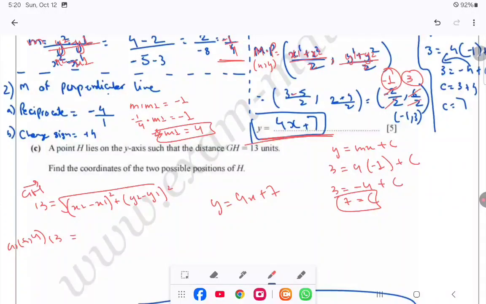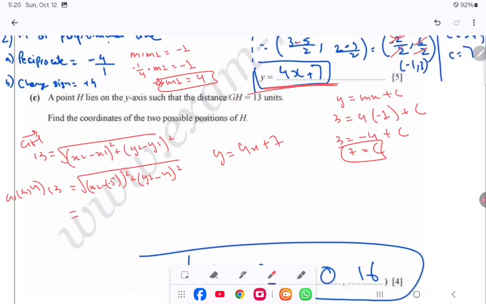13 is equal to the square root of x2 minus x1, which is negative 5, square, plus y2, which we have to calculate, minus y1, which is 4, square. Since the point lies on the y-axis, the x part will become 0, so x2 will also become 0.